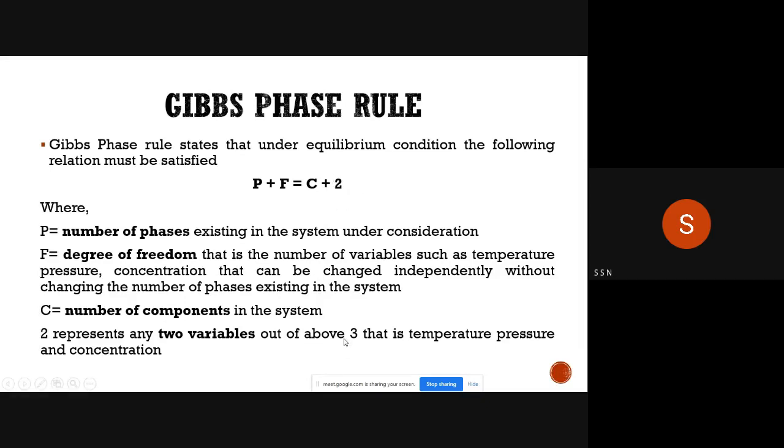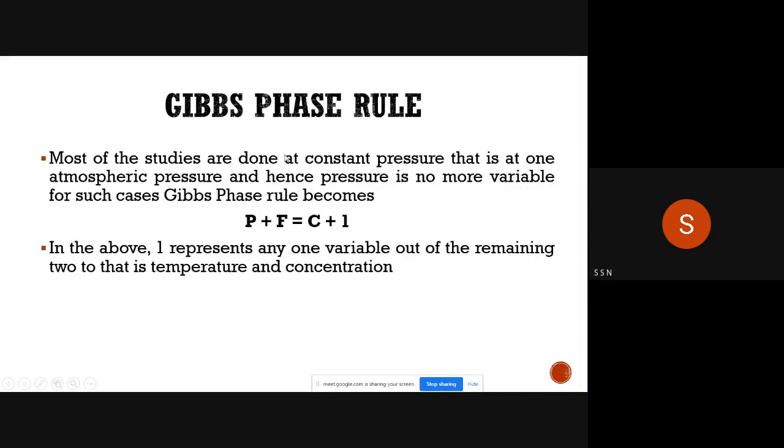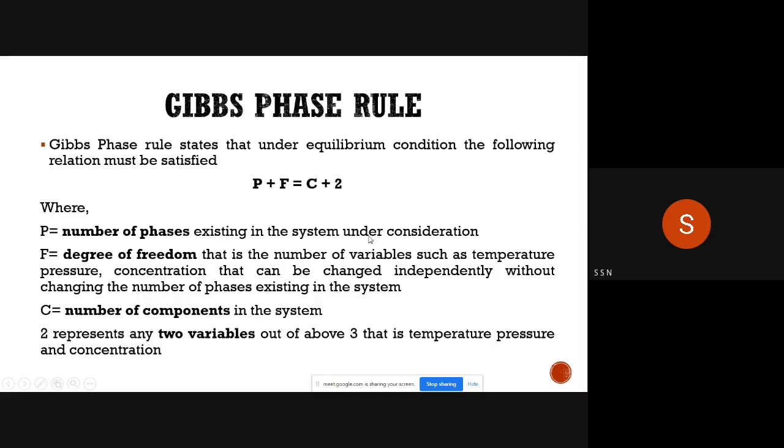So here out of 3 variables, only 2 variables are considered, and in many cases this Gibbs phase rule is written as P plus F is equal to C plus 1. So why here 1 and why here 2? Because we take 2 whenever 2 variables are considered out of temperature, pressure, or concentration.